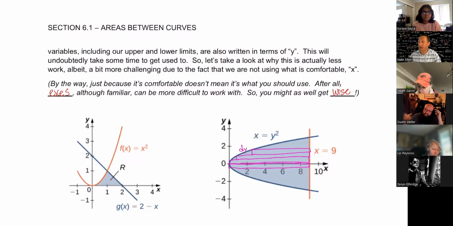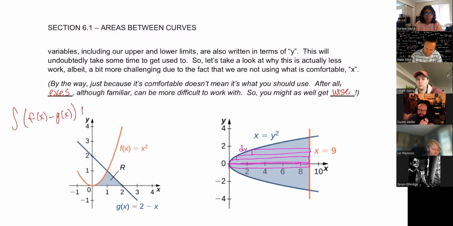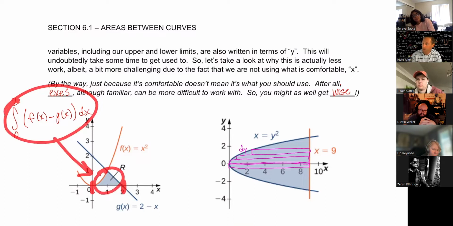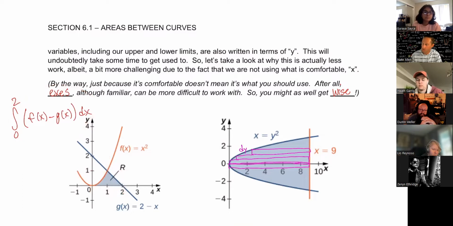So we're going to change from all of the x values that we've been working with, and we're going to change it to y's. So the good news is everything that we've just talked about in those first two scenarios is still going to be the same, but instead of writing this as the area between f of x minus g of x dx from 0 to 2, which I would have had to split to find from 0 to 1 and then 1 to 2, we can also rewrite it as the area from 0 to 1.